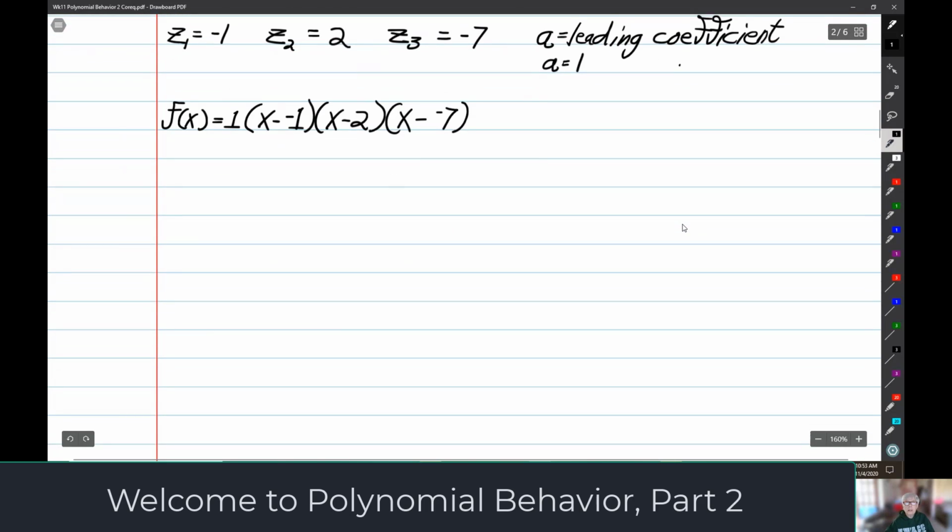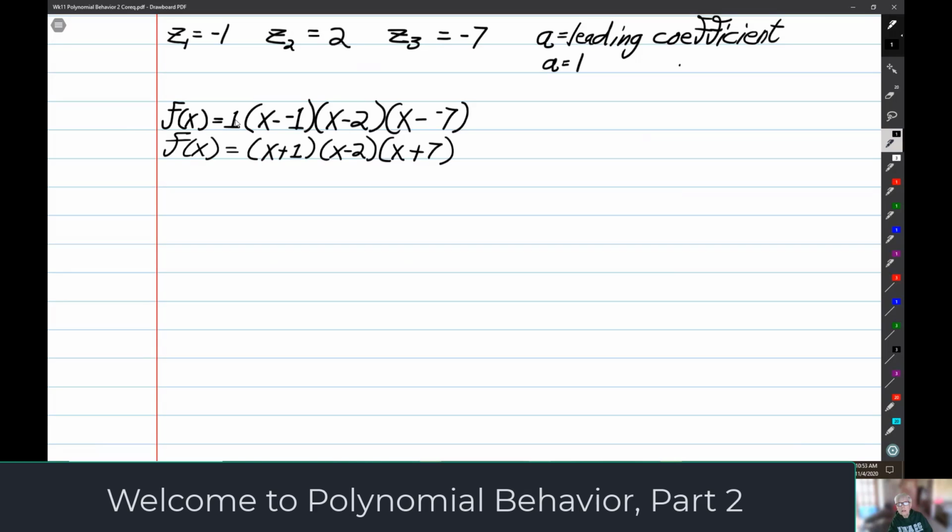Now I'm going to clean it up a little bit. Minus minus is plus, so this will be x plus 1, x minus 2, x plus 7.